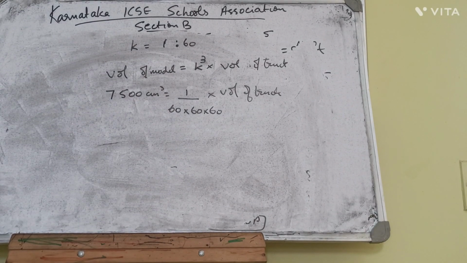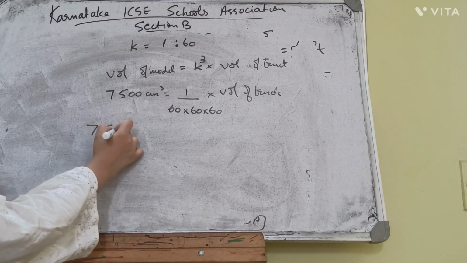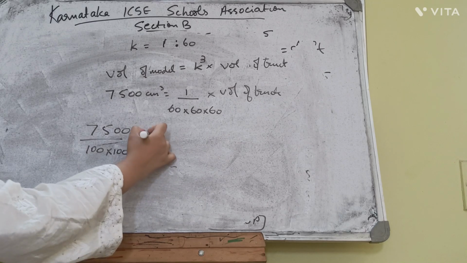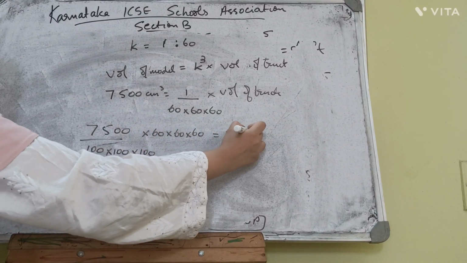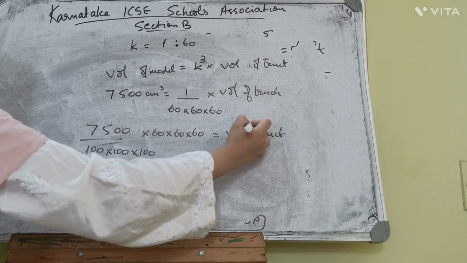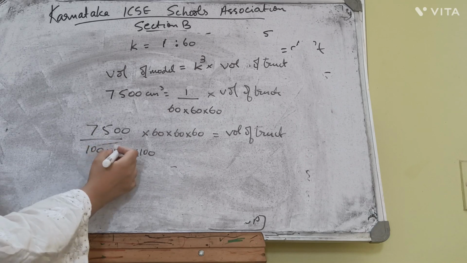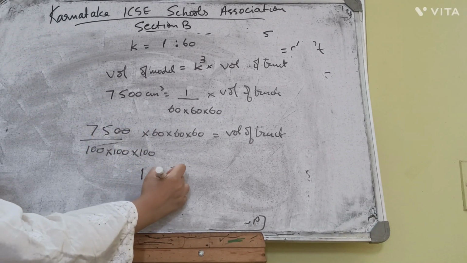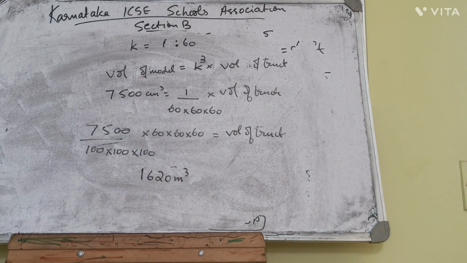Now this is in centimeter cube and the question says to find in meter cube. So centimeter to meter you divide by 100. This will give you volume of truck. Now reduce this part. So on cancelling all of this, you get 1620 meter cube, which is the volume of truck.